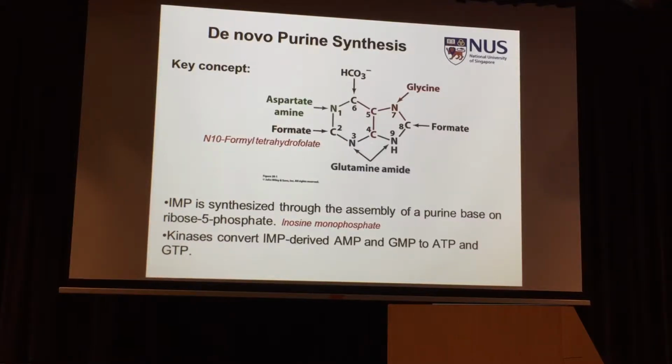The whole backbone of glycine is added into this purine ring. And the last carbon here is contributed by a bicarbonate. So our stepwise reactions will show us how we can build this ring like Lego, patch it up.